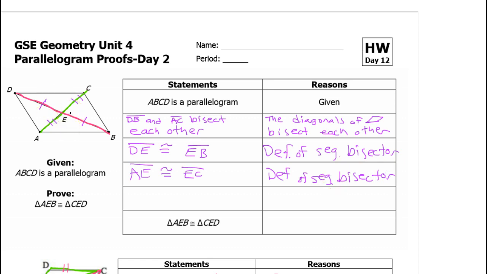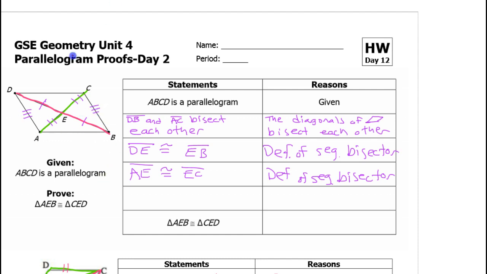Okay, and I have so many choices. I could use the vertical angles right now, or I could use the fact that opposite sides of a parallelogram are congruent. So since I really want to practice my parallelogram properties, I'm going to go ahead and use the opposite sides of a parallelogram. All right, so these will be congruent.